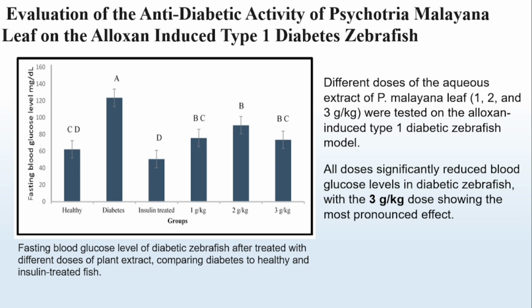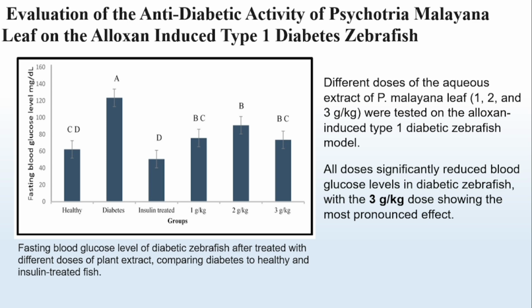And at 48 hours post-alloxan and 24 hours post-treatment, the doses of 1 and 3 gram per kilogram of the leaf extract normalized the glucose level, while the 2 gram per kilogram dose remained significantly different from the healthy group.